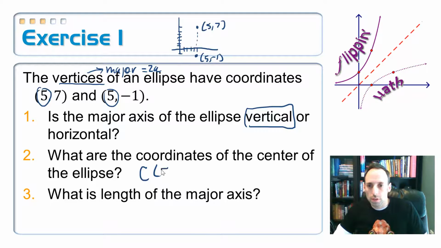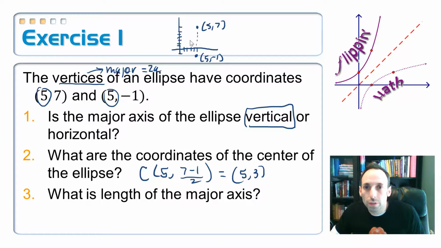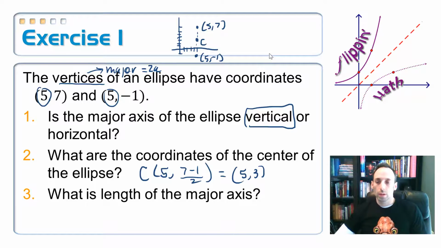The x-coordinate's not going to change. Now for the y-coordinate, I'm just going to take the average of those. 7 plus negative 1 over 2, which is 6 over 2, is 3. So the center point is at (5, 3), which is right there. There's the center point.